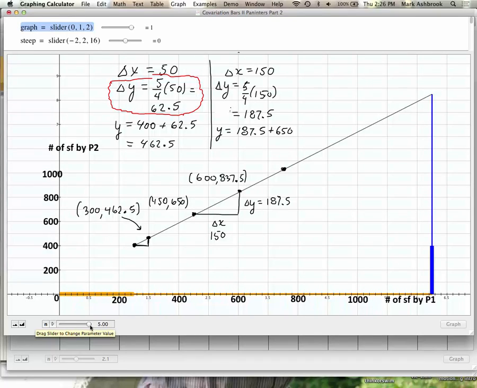Okay, what's the slope of the line? Is it 1.25? 5/4? Does this line have a steepness of 5/4? Is slope a measure of steepness?